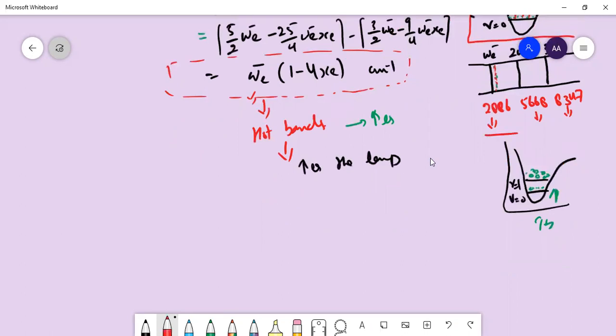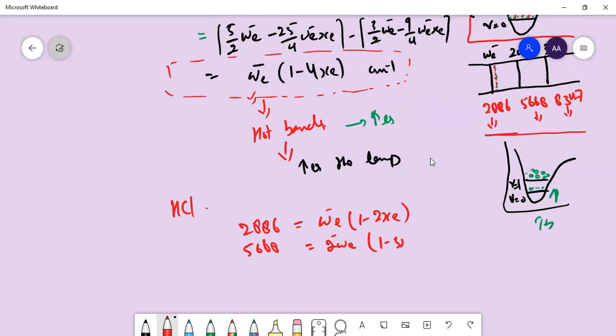Now I can assign these peaks to our HCl molecule. The first peak is around 2886, and this is for the fundamental absorption, the value of which is omega E bar (1 minus 2 XE). The second value I can assign to the first overtone, which is equal to 2 omega E bar (1 minus 3 XE). And the third peak I can assign to the second overtone, which is 3 omega E bar (1 minus 4 XE).